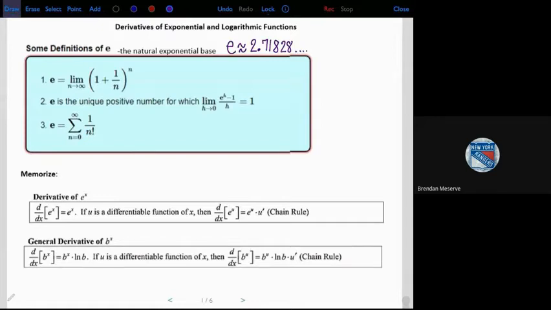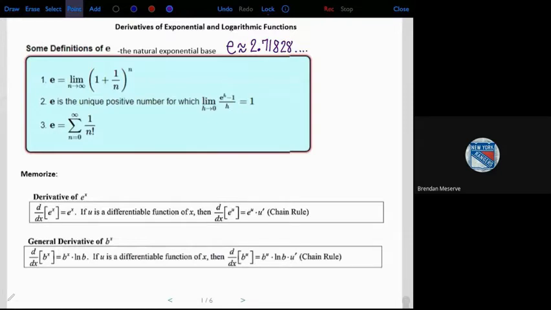E has other definitions and its natural reoccurrence was discovered by looking at a couple of different things. One, the definition of e is the limit as n goes to infinity of 1 plus 1 over n to the nth power. This is the definition of e.